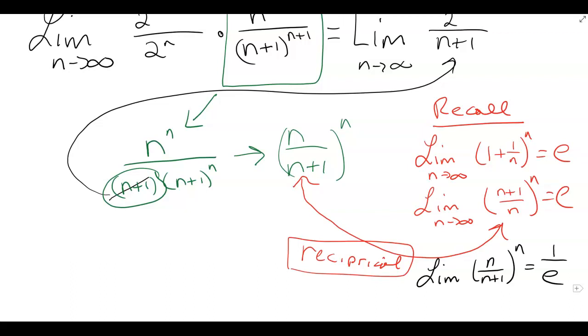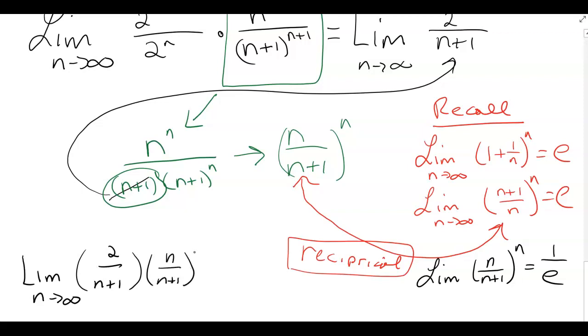And I can use that. So how can I use that? Well, let me go back to what I have in my limit now. I have 2 over n plus 1, right, times n over n plus 1 to the n.